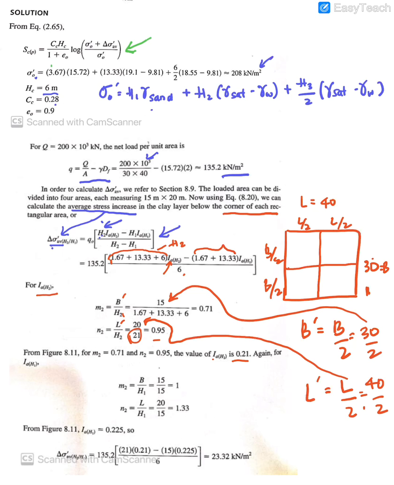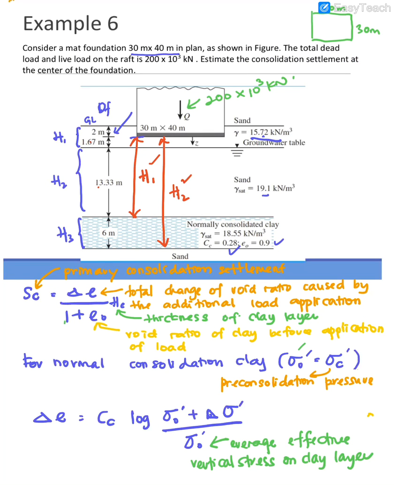And then you have to obtain IAH1. So to get IAH1, you have to obtain the M1 first. So M1 equal to B prime over H1. H1 is 1.67 plus 13.33.